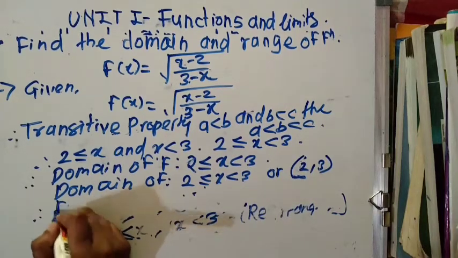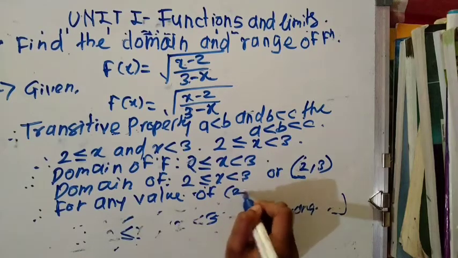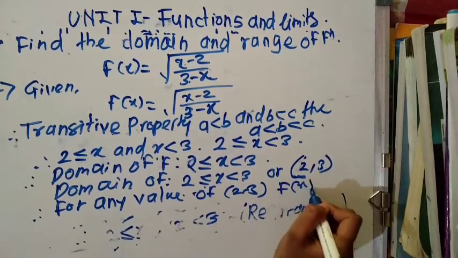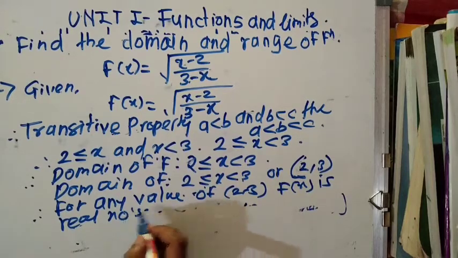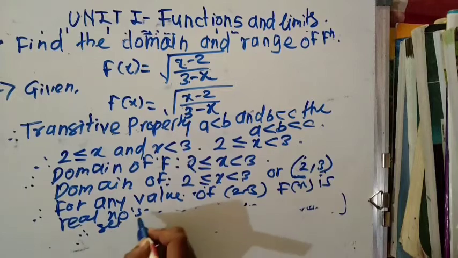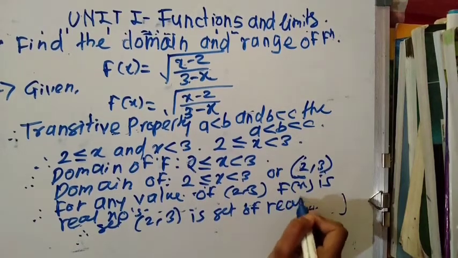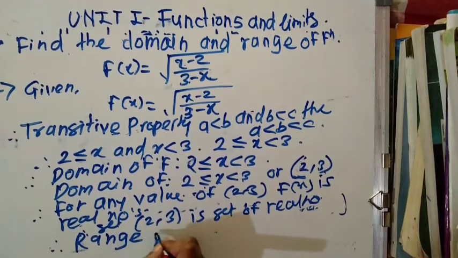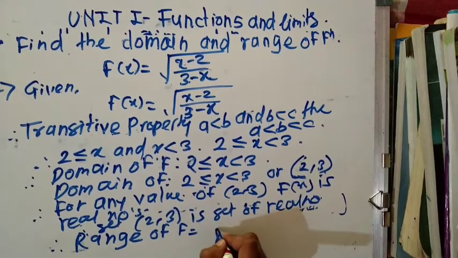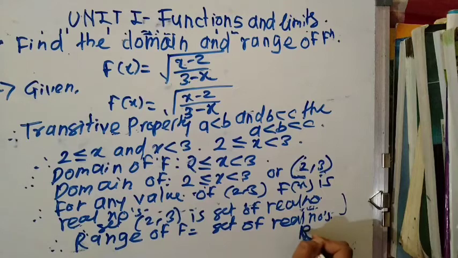Hence for any value in [2, 3), the corresponding f of x is a real number, because [2, 3) is a set of real numbers. Hence the range of f is equal to the set of real numbers R, which is the range of the function.